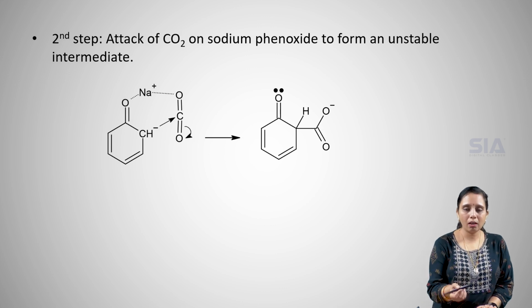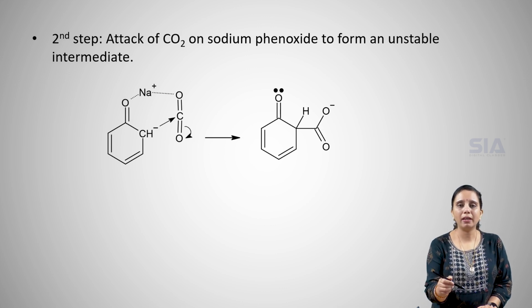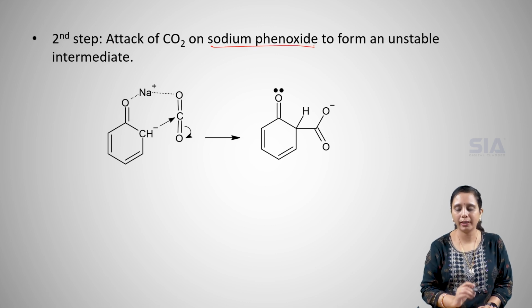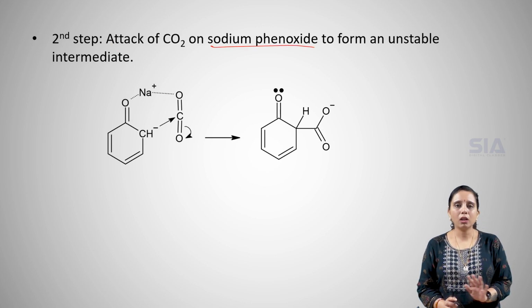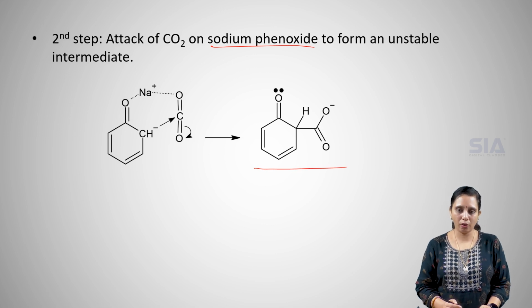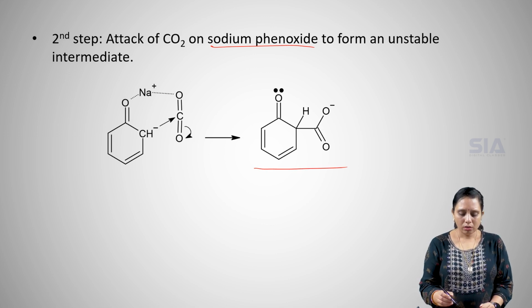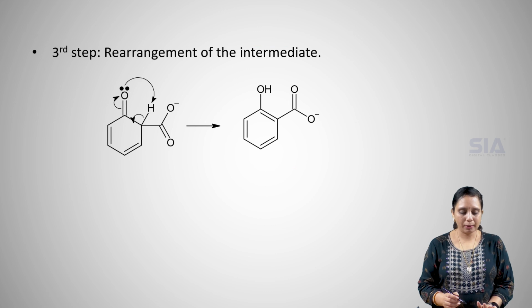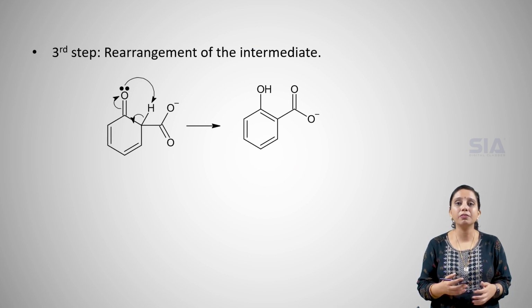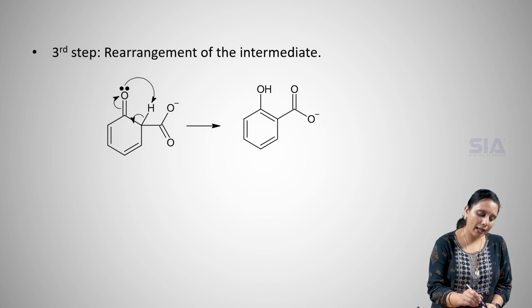In the second step, the electrophile, carbon dioxide, a weak electrophile, attacks the sodium phenoxide ion, and the product formed here is an unstable intermediate. So in the third step, the unstable intermediate gets rearranged within itself as shown here.